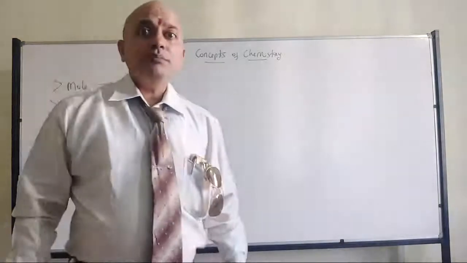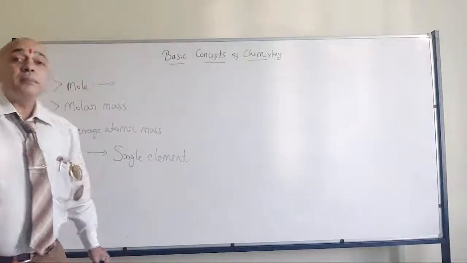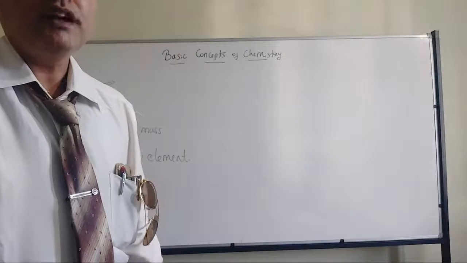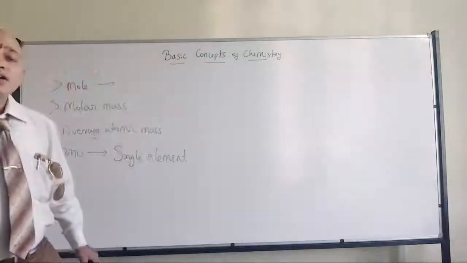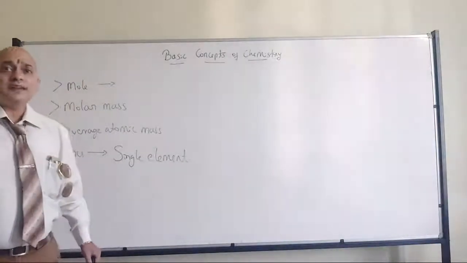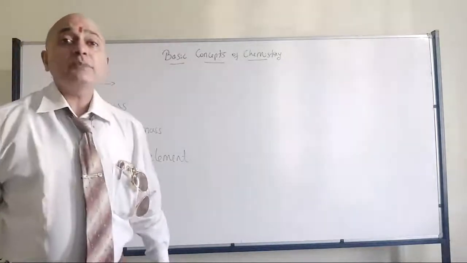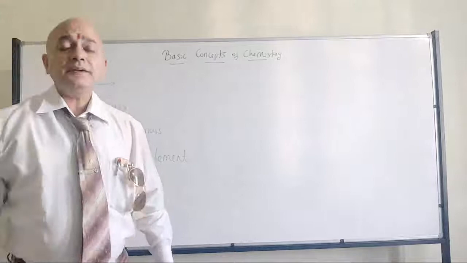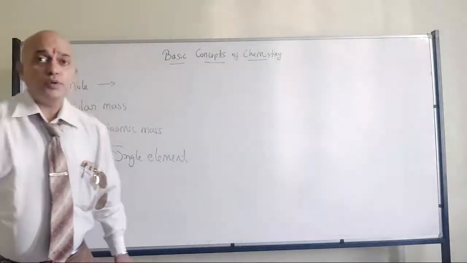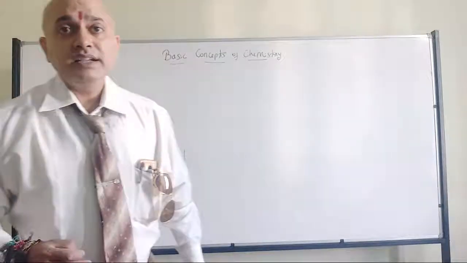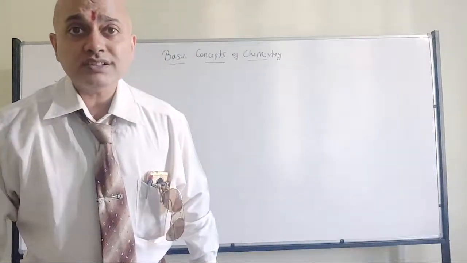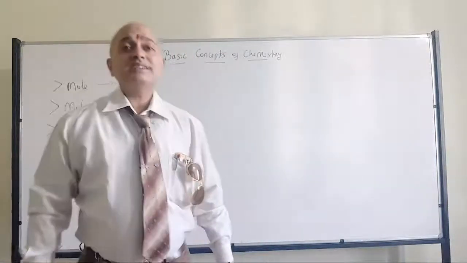So that is nothing but the number. It is the number of substance which will be equal to the number of carbon 12 atoms which are present in 12 grams of carbon. So when I am talking about mole, it is the number of substance about which we are discussing.